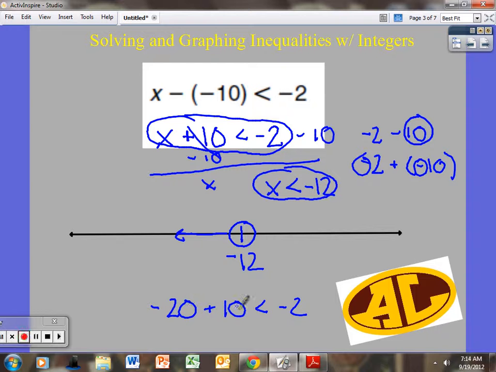Okay, -20 plus 10, signs are opposite, so instead of adding I subtract. 20 minus 10 is 10. -20 has a larger absolute value. It is further away from 0. It is negative, so this answer here will be negative. Is -10 less than -2? It sure is. So this would work. So my inequality is true.